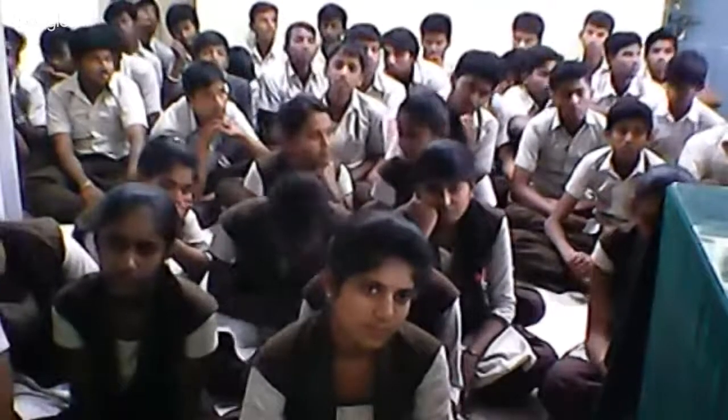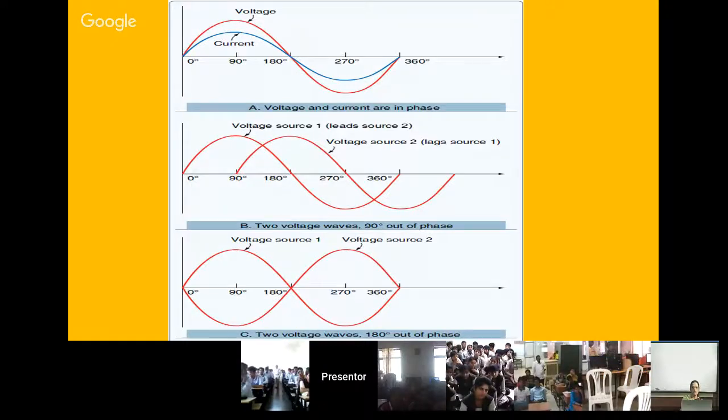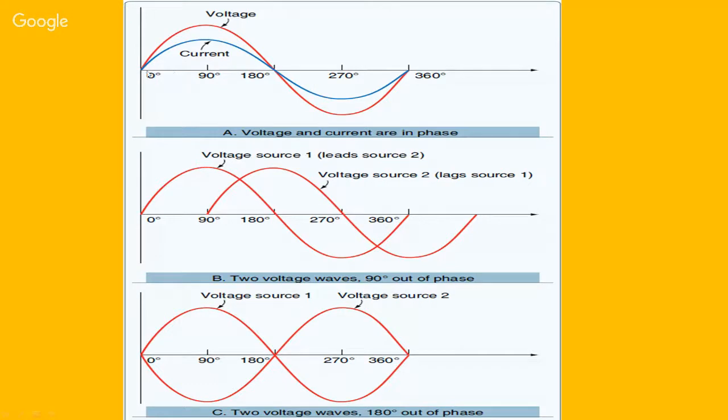Here both the in phase and out of phase are shown together so that you can understand better. The voltage and current you can see start, reach maximum, and reach minimum simultaneously. So this is in phase. Here you can see there is a phase difference of 90 degrees. That is, the two voltage waves here are out of phase by 90 degrees.